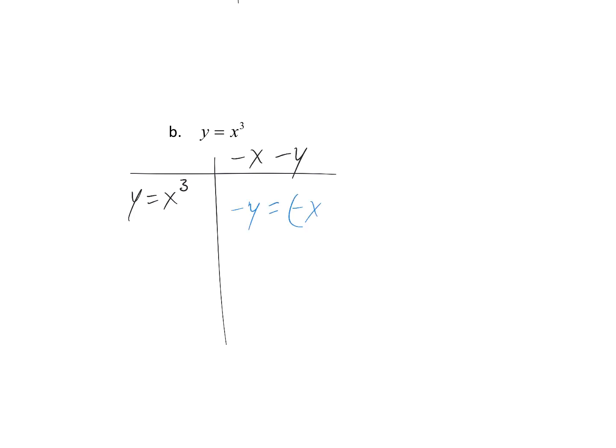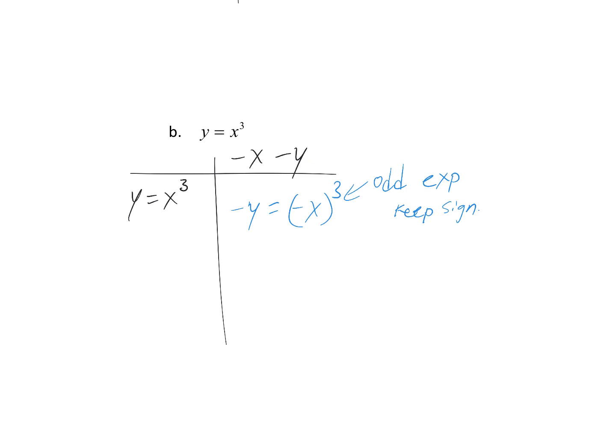So y equals x cubed, same idea. Let's set it up. And this one's a pretty simple one. Y equals x cubed. Let's plug in negative x and negative y. So negative y equals negative x to the third power. And hey, an odd exponent will keep the sign, right?